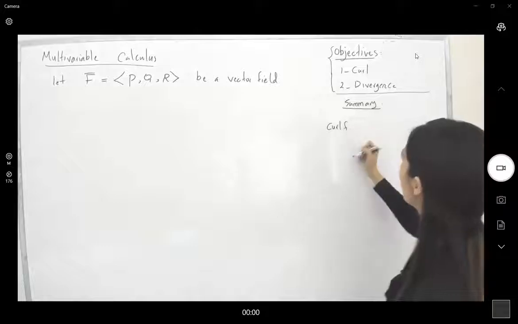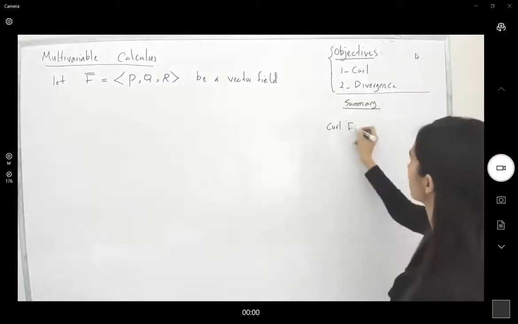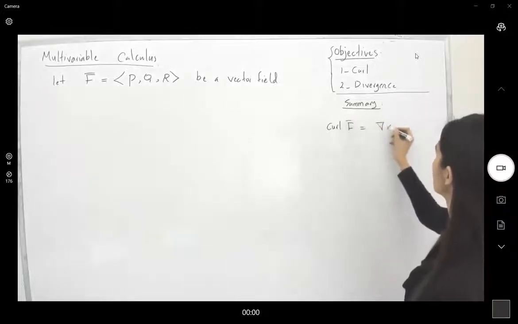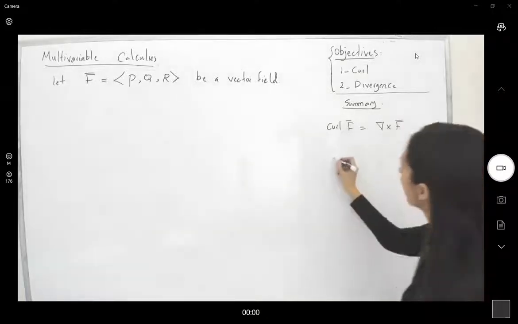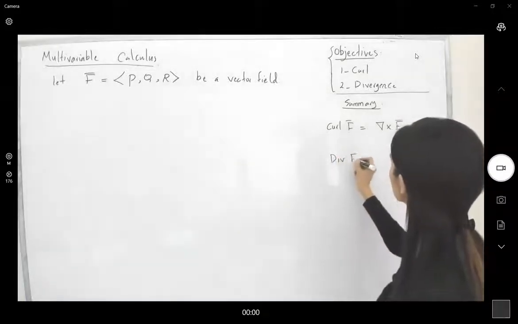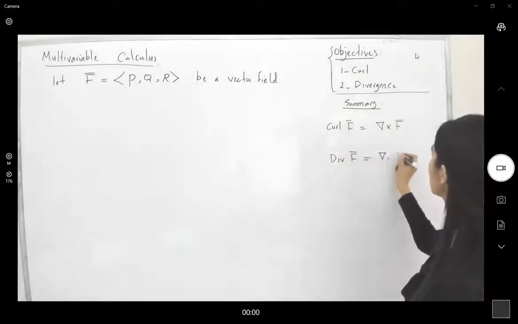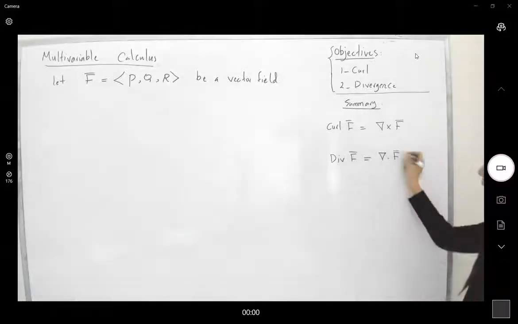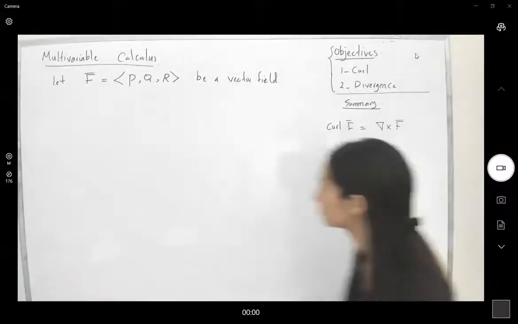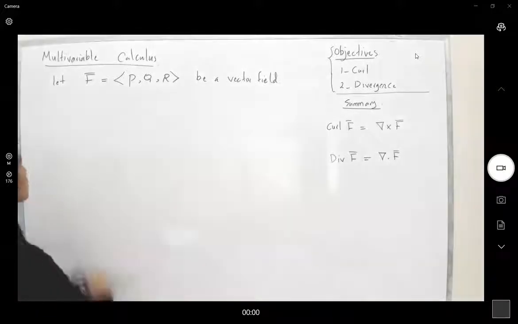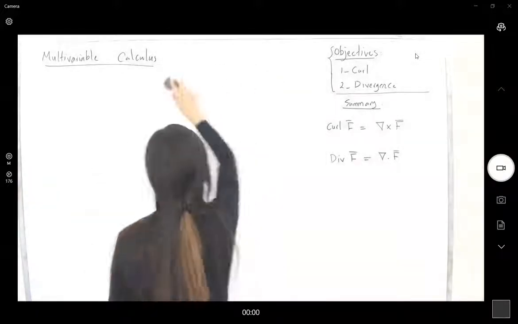Curl of vector function F is the cross product between the gradient and F, and the divergence is the dot product between the gradient and F. So this is a vector function and this is a scalar function. So a theorem for you.